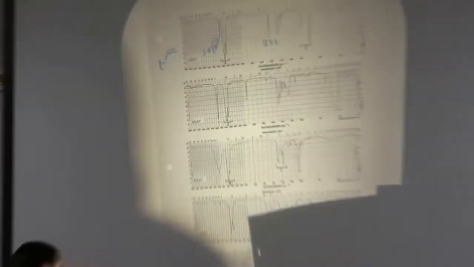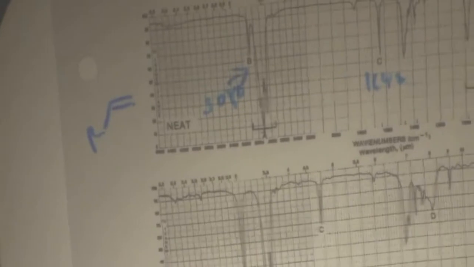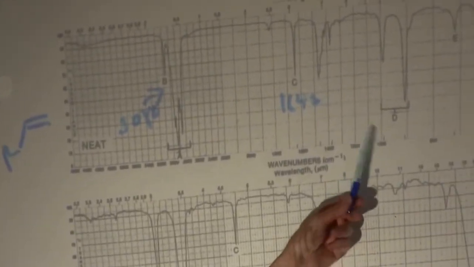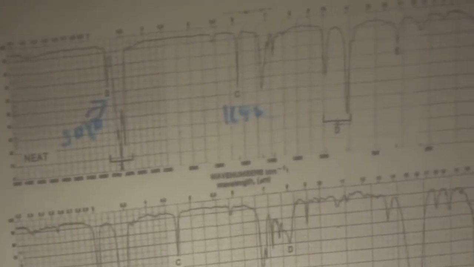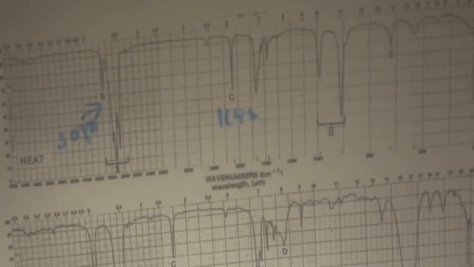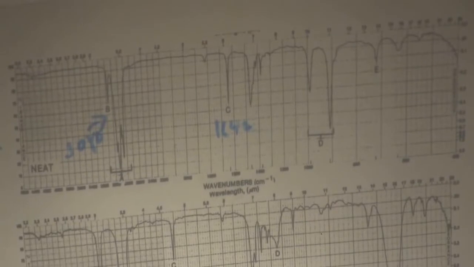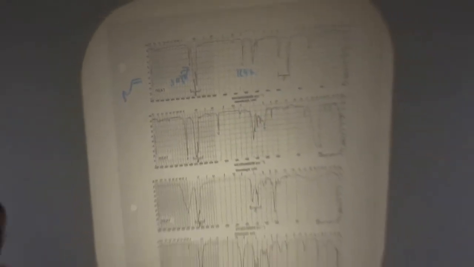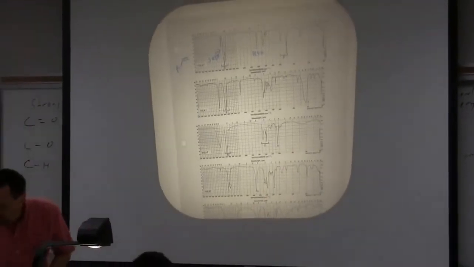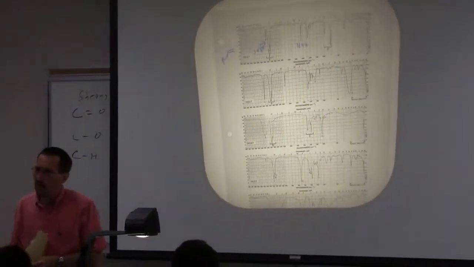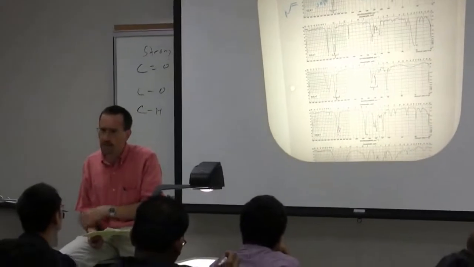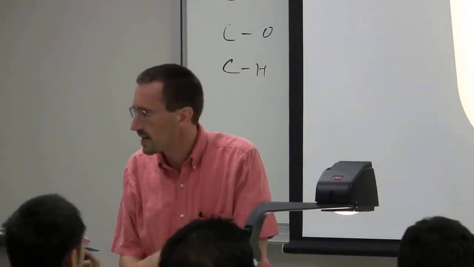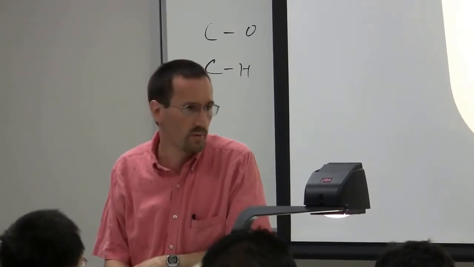Now, one of the reasons I'm not putting as much emphasis on the fingerprint region, where you get some CH bends, is that as you get to bigger molecules, the fingerprint region becomes more and more complicated and less easy to read. Part of the problem of the pedagogy of IR spectroscopy is that it's a relatively mature area, around largely since the 1950s as a tool used by chemists.